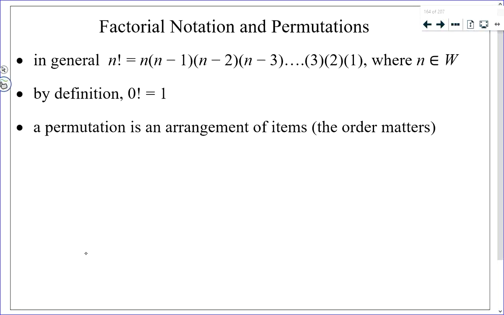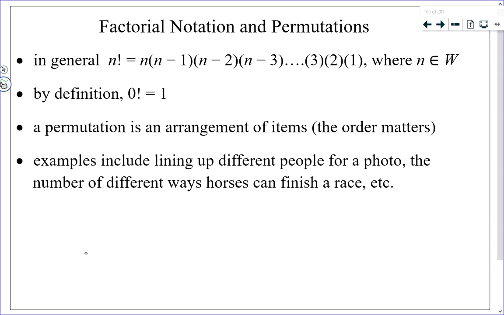A permutation is different than a combination because in a permutation order is important. Things like lining up people for a photo, or the number of different ways horses can finish a race, or the number of different ways I can eat a plate of 3 chocolate chip cookies, 3 coconut cookies, and 2 oatmeal cookies.